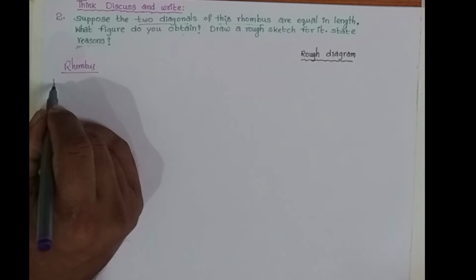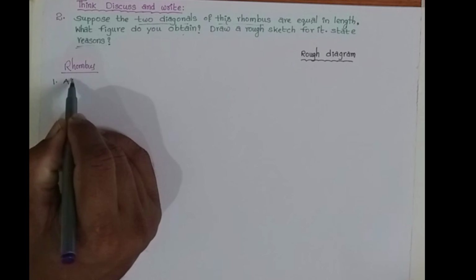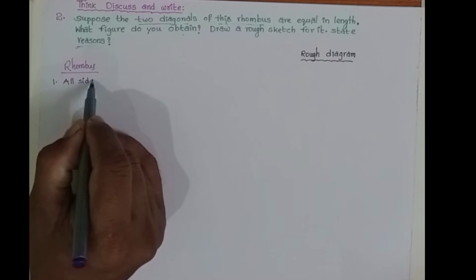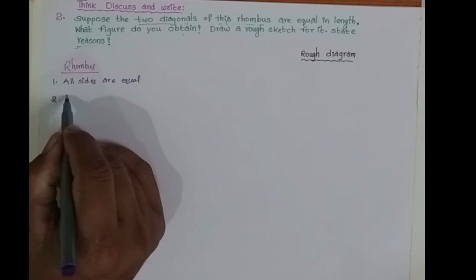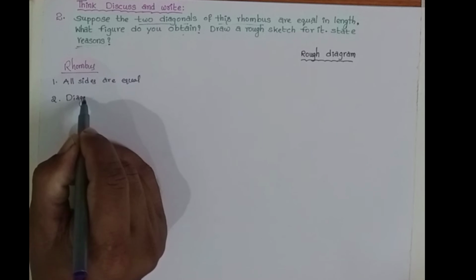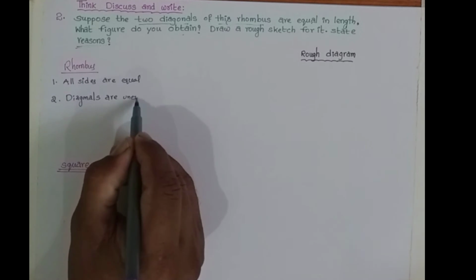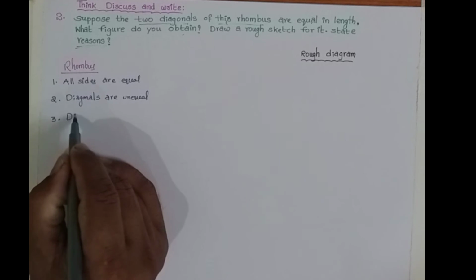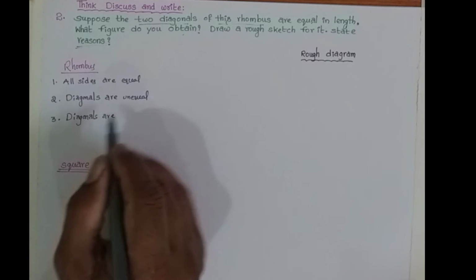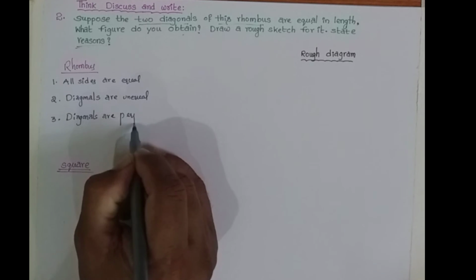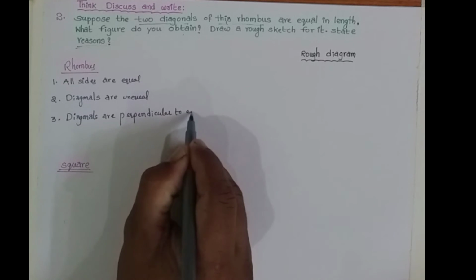Let us recall the properties of rhombus. In a rhombus, all sides are equal. Diagonals are unequal. And diagonals are perpendicular to each other.